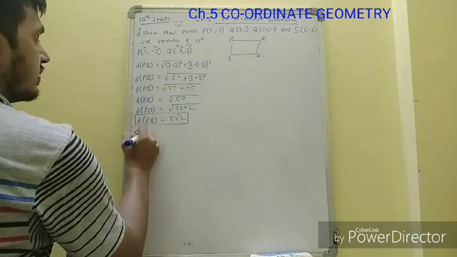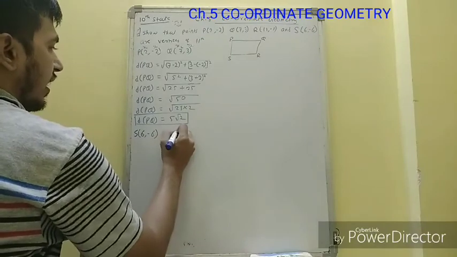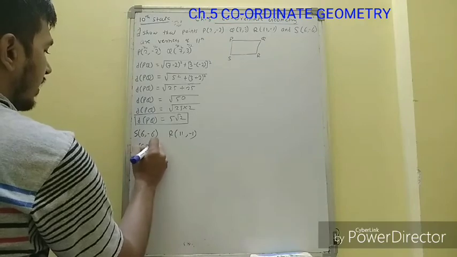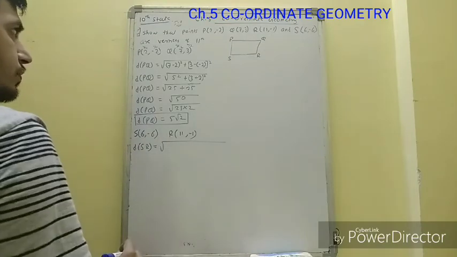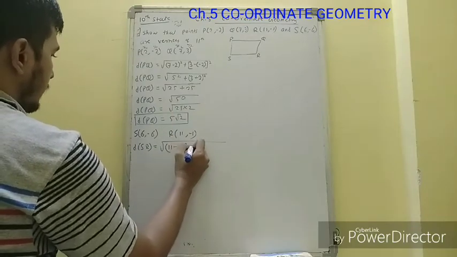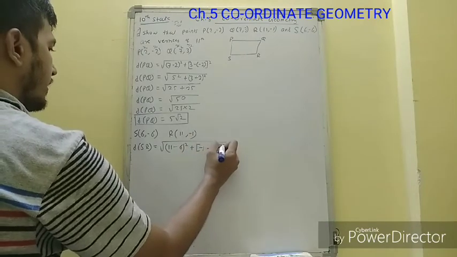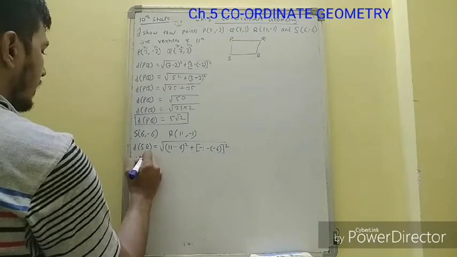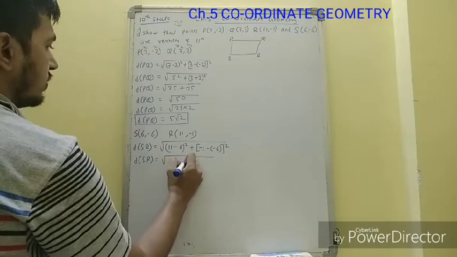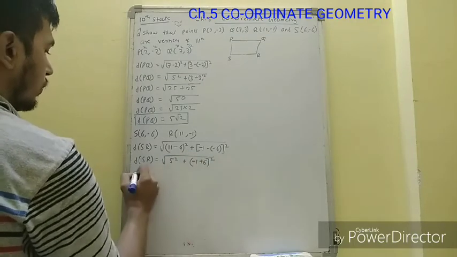Okay, now I will find out distance SR. What is S? S is (6, -6), and what is R? (11, -1). So distance SR is equal to the square root of (x2 minus x1), that is (11 minus 6), squared, and (y2 minus y1), the whole squared. Distance SR is equal to (11 minus 6 is 5) squared, and (-1 plus 6), the whole squared.